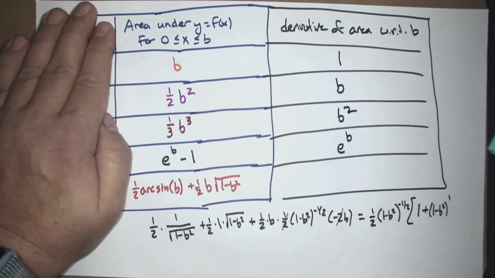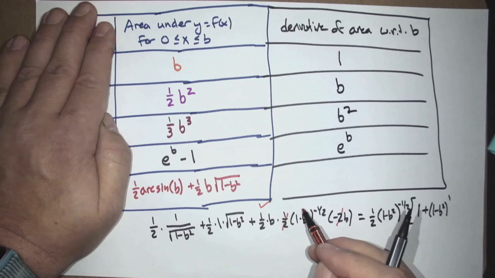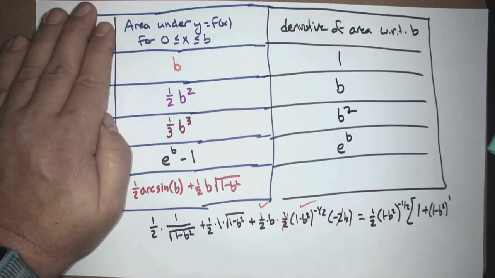So we got the half pulled out. We got the 1 minus b squared to the minus a half pulled out. What haven't we pulled out? We haven't pulled out the minus, and we haven't pulled out that b or that b.